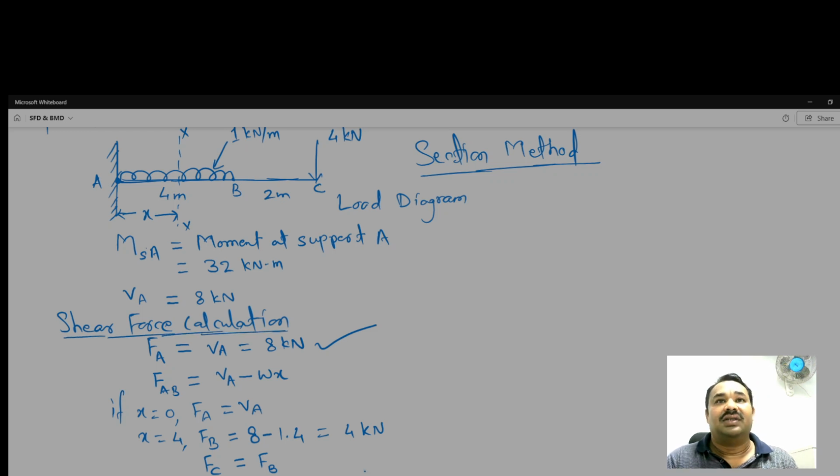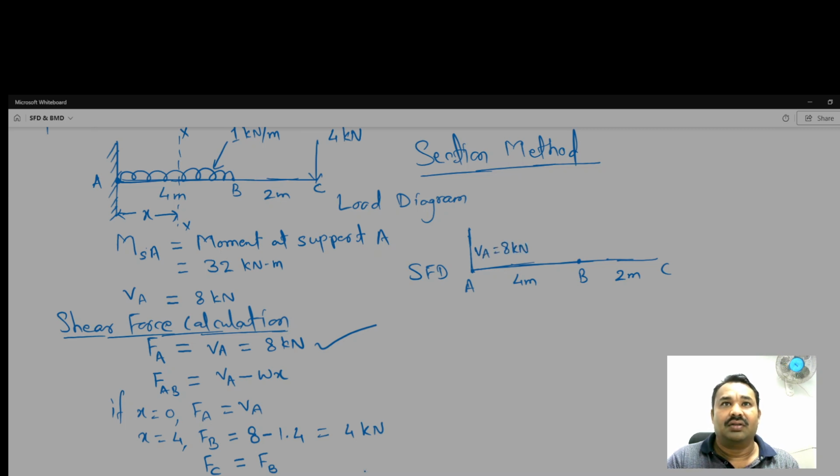Okay, and based on this easily we can draw the SFD. This is A, C, B, and it is of 4 meter, it is 2 meter, and this is the magnitude of VA is equal to 8 kilonewton up to here.